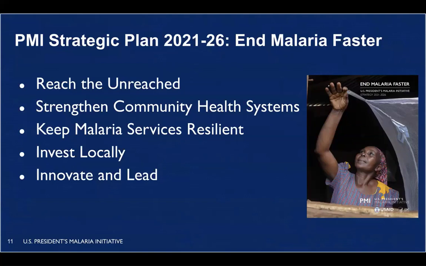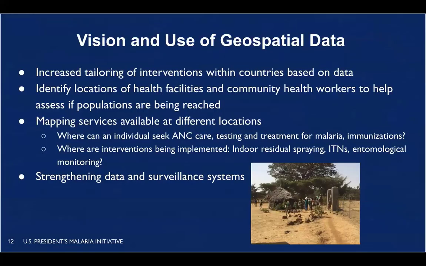Keep malaria services resilient by adapting malaria services to withstand external events such as COVID-19, emerging biological threats, and climate change. Invest locally with the goal to better partner with countries and communities as they lead and implement malaria activities. And innovate and lead, where we want to leverage new tools and optimize existing tools. These are long-term PMI priorities, and it's clear that high-quality geospatial data is necessary to achieve these objectives.